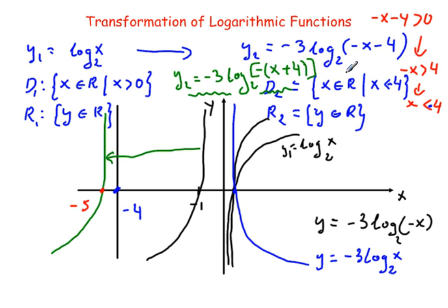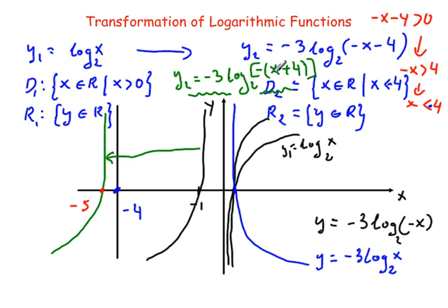Solving this inequality, where negative x minus 4, or positive x plus 4 with a negative sign in front, is to be greater than 0, we came to the conclusion that the domain is real numbers where x is less than -4. This coefficient in front of log does a vertical stretch, because its value is greater than 1 if you don't see the negative sign. The negative sign reflects the graph in the x-axis.